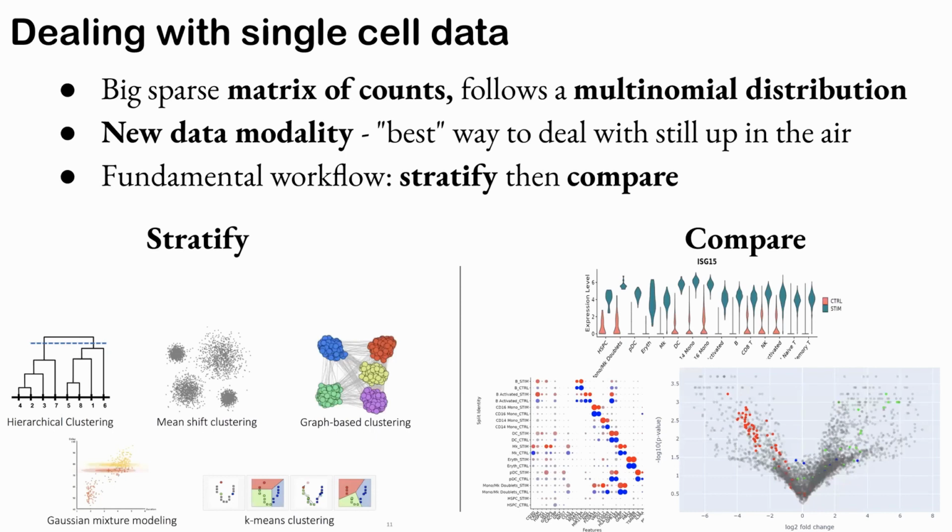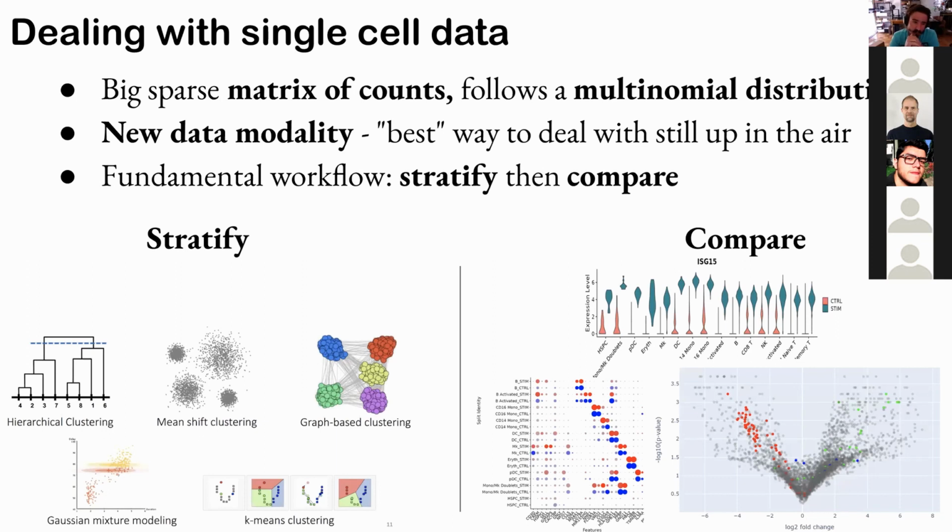And so stratification usually means you want to label the cell types that you have in your sample. Usually people do that through clustering, but you can also do that using marker genes, if you know, for example, that you have a blood sample and you know which cells express which genes. And then once you have your groups, you want to compare them.